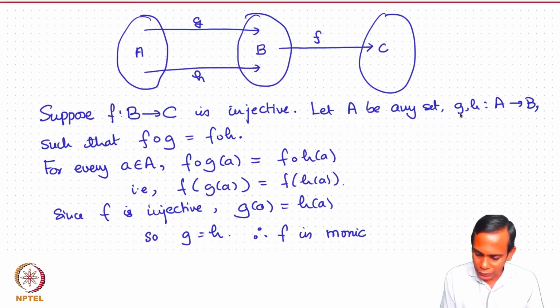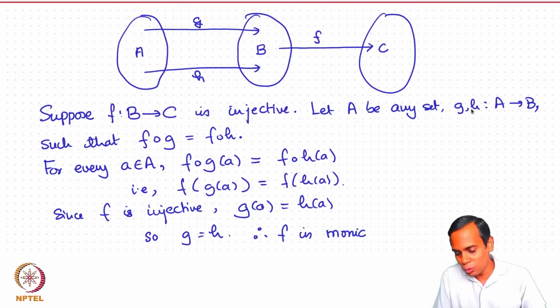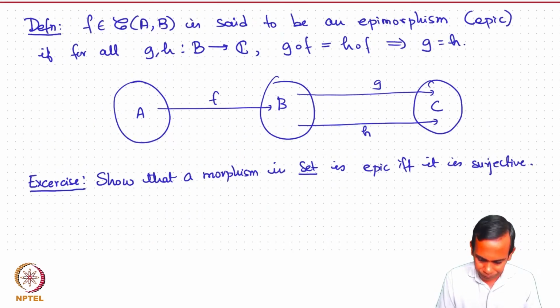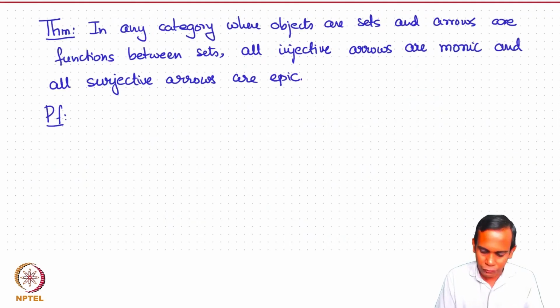And we have G and H, which are arrows in the category, maybe in the category of groups or rings or whatever. They would satisfy some additional conditions, but they would still be functions such that F circle G equals F circle H. So this whole argument would hold to prove the first part of this result, that all injective arrows are monic.